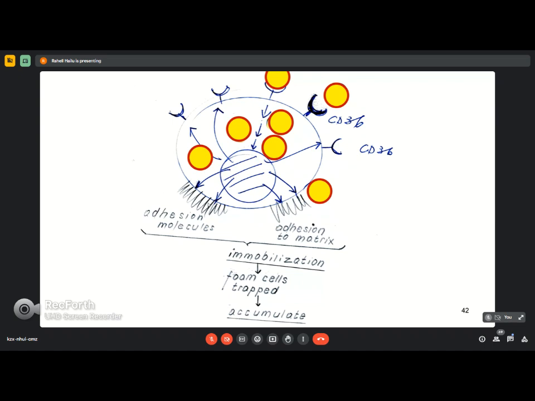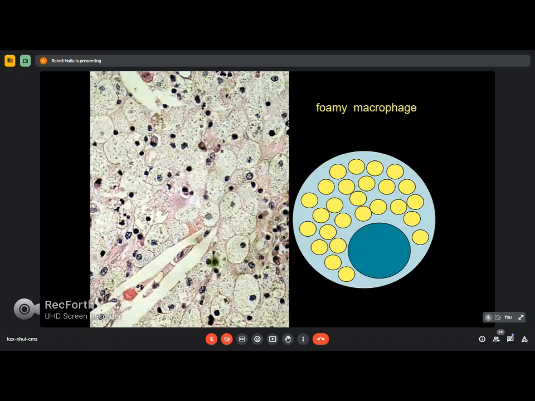So when a macrophage phagocytizes all of these lipid cells, on the histology it looks like this, okay? So that fat cell on histology looks like this, has this bubbly, clear cytoplasm. These are the macrophages here.